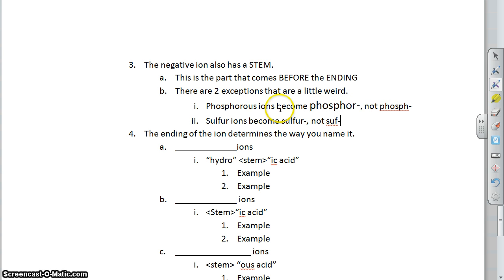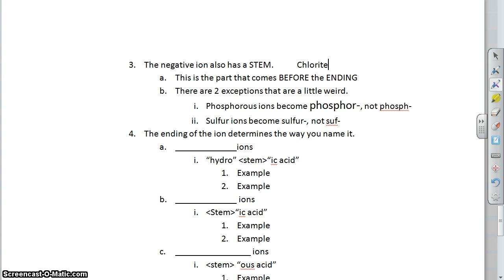One is phosphorus. For instance, phosphate: from the rules I just told you, you would expect the stem to be phosp, since you just take off the ATE. But it's not, it's phosphor. And same with sulfate. You would expect sulf, but it's not, it's sulfur. But everything else does work that way.